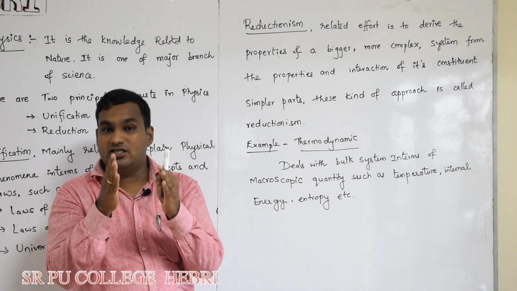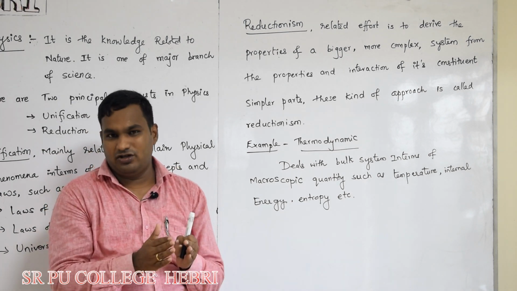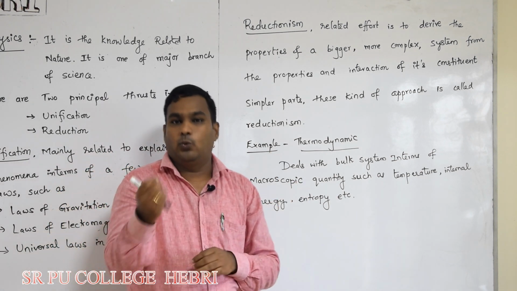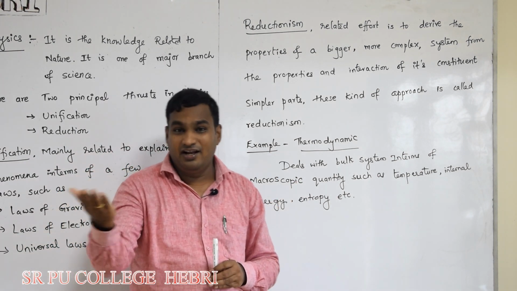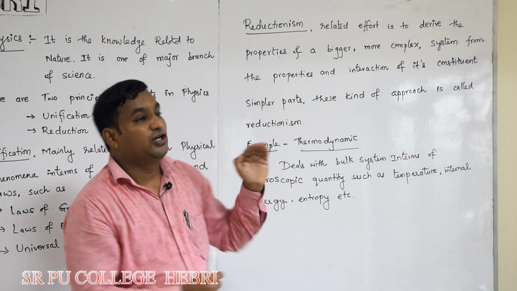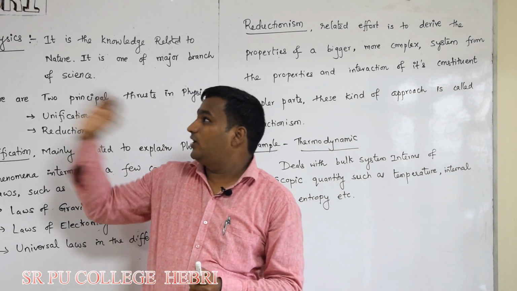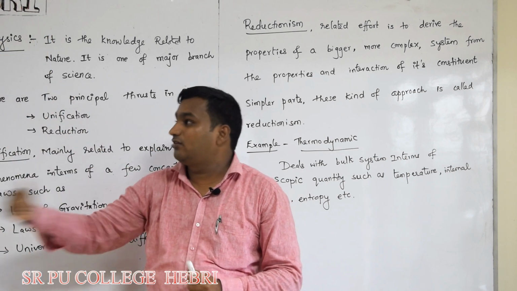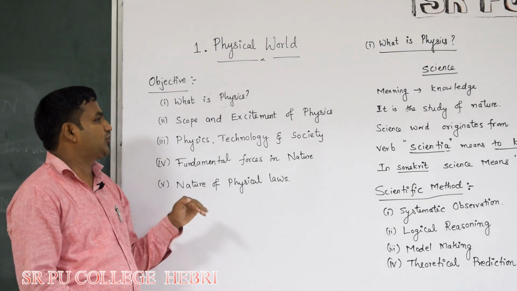All those things are involved in this chapter, and these are a few important areas under the physical world, and a few more things are there. I discussed only two important things here. One is I gave a definition for physics, and only one important thing we learned. Remaining 4 objectives are there.